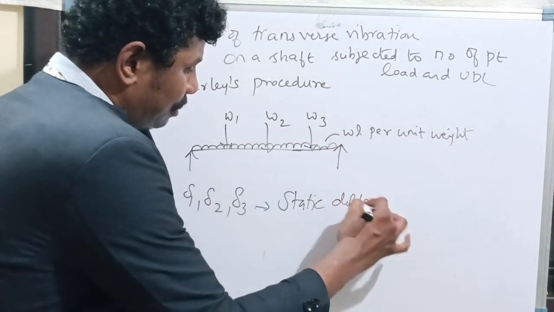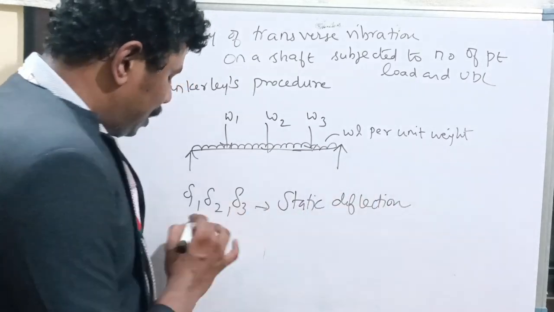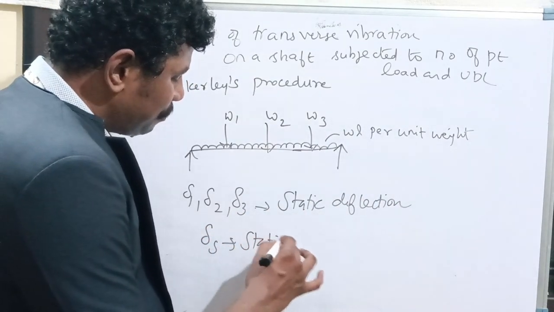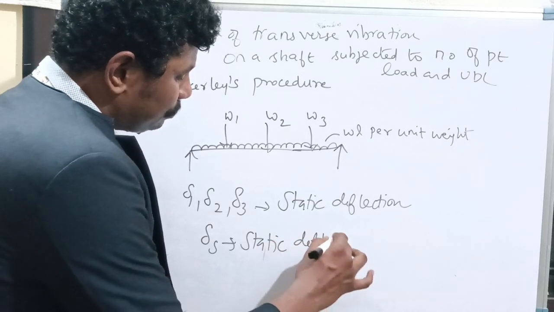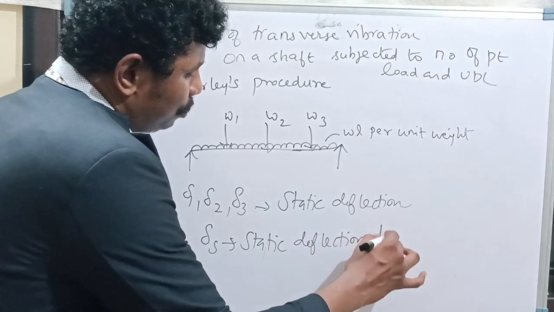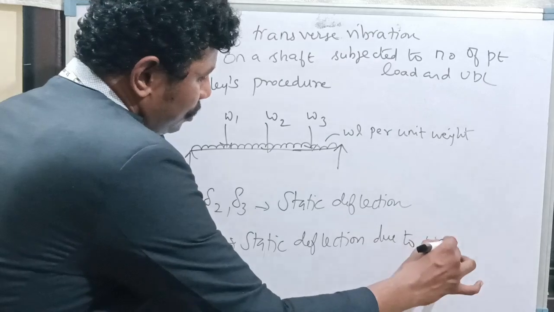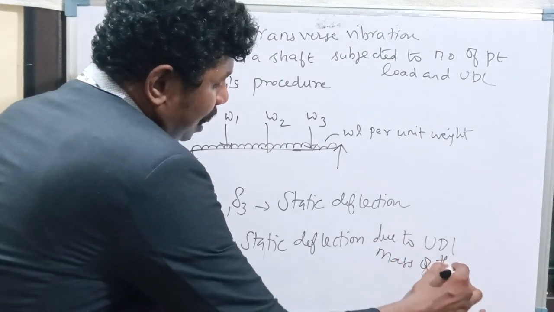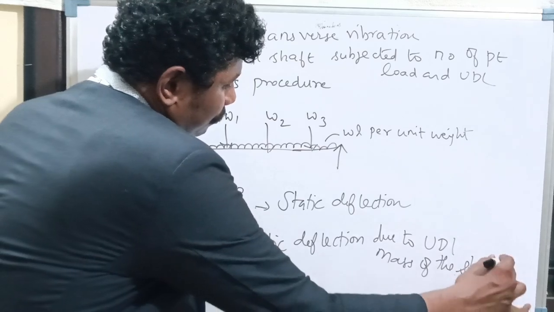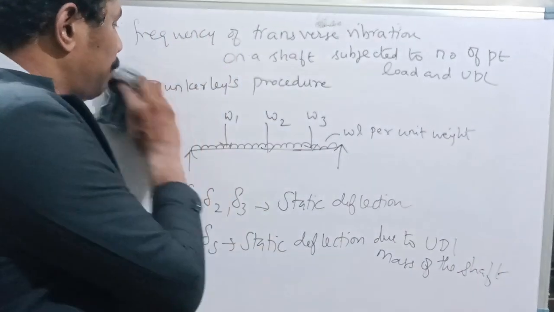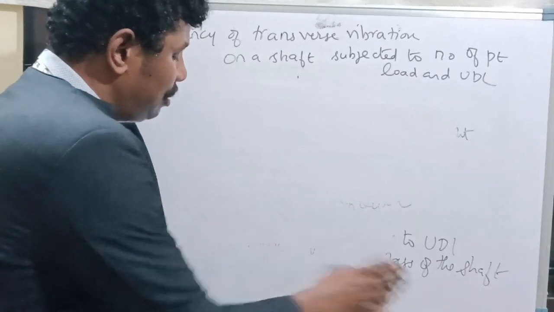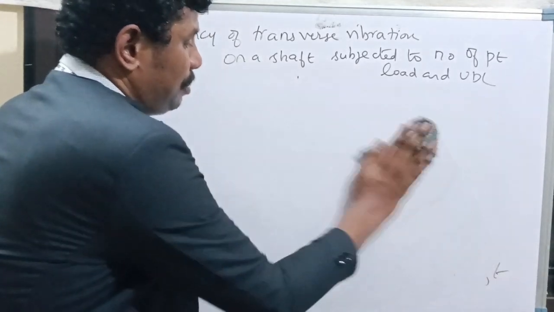So this is static deflection, and delta S is nothing but the static deflection due to UDL or mass of the shaft.